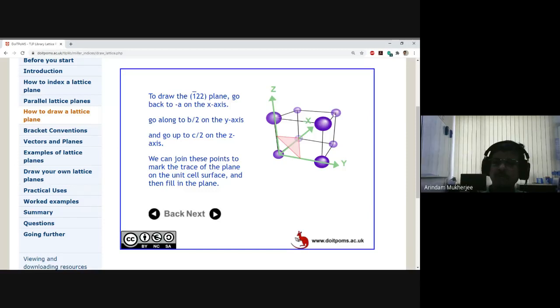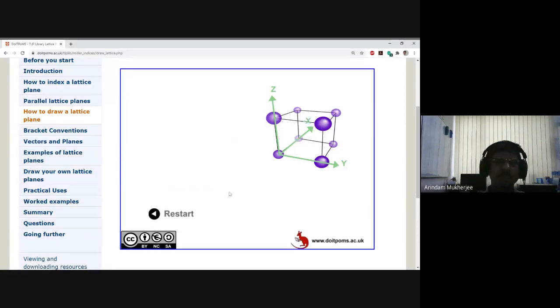Actually, you have to put it here, sorry, because minus x, minus y, minus z. Do you get me? Shifting the origin here means all minus. For that, you have to shift the origin here. Maybe if we do it, then it will be better.